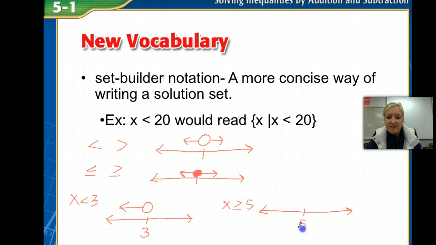I would start at 5, and I know that's a closed circle because it includes 5, and then I know that my arrow for my graph is going to be in the same direction as my inequality symbol. Some students haven't seen that method before, and I just wanted to share and review with you an easy way to graph the inequalities and make sure that your arrow is pointing in the correct direction.